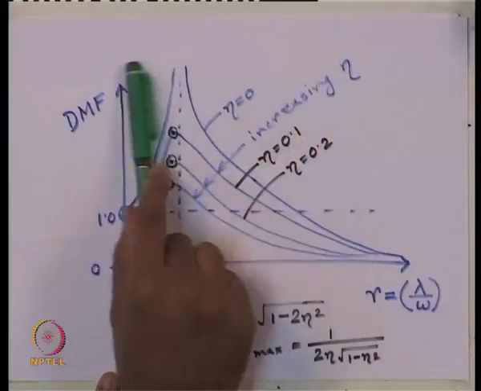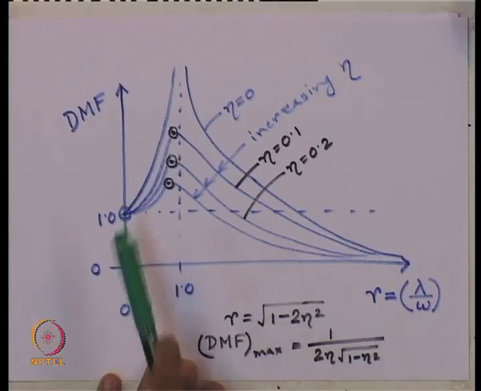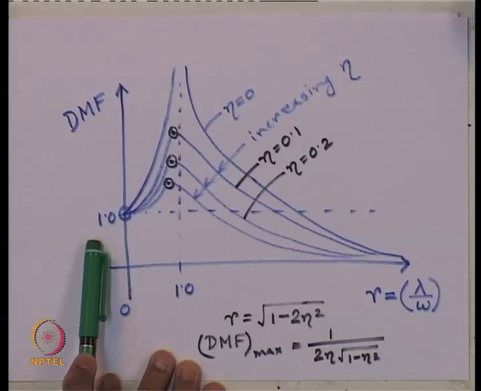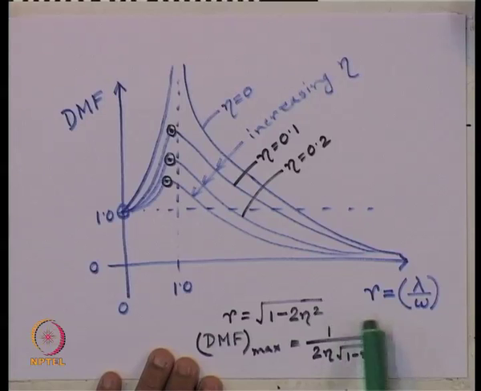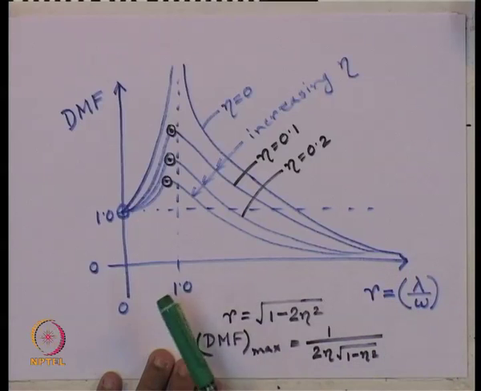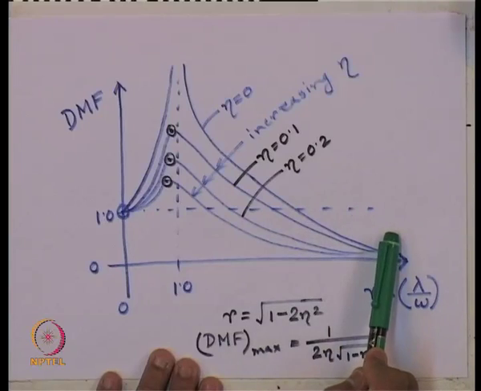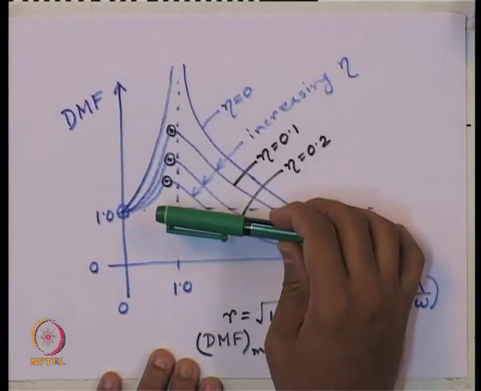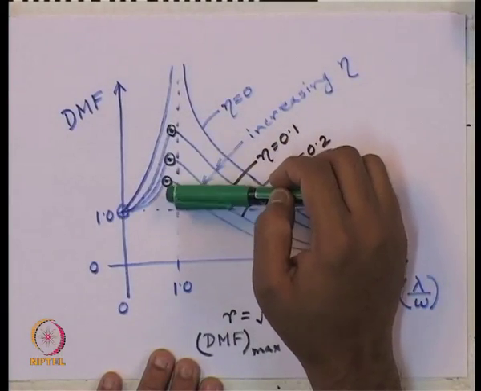So, what does it mean? In the design of your foundation system, which is subjected to a harmonic excitation like this, whether you have DMF very close to 1, or R value very much less than 1 or very high, you can control that by changing either the stiffness or the mass, and if you control the damper, you will get a change in the peak value of the dynamic magnification factor.